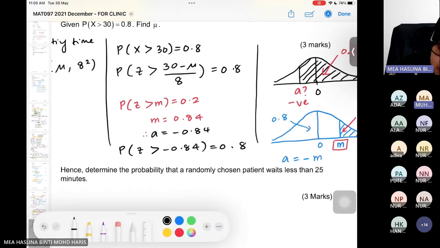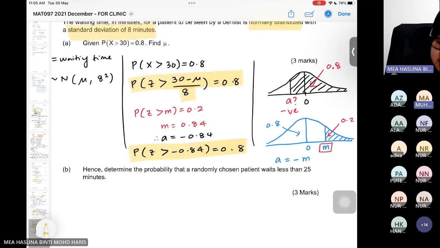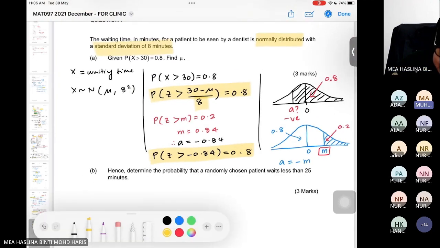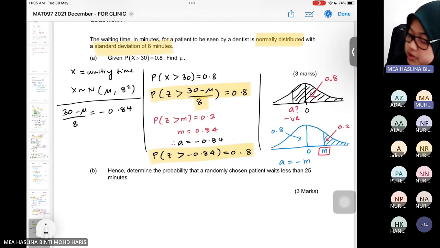So when you compare the two, this and this, you can see obviously that 30 minus mu divided by 8 equals negative 0.84. So you can solve for the mu.